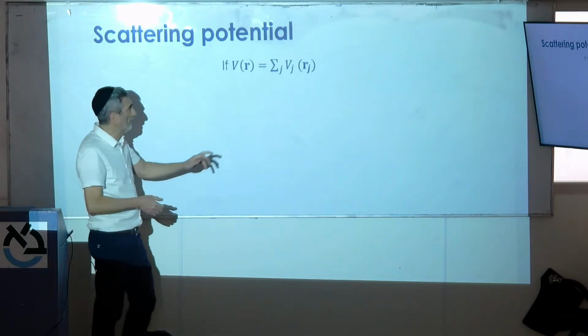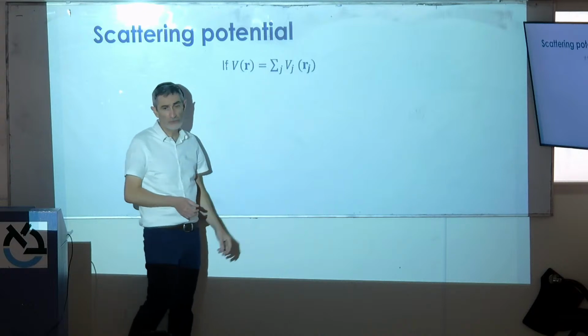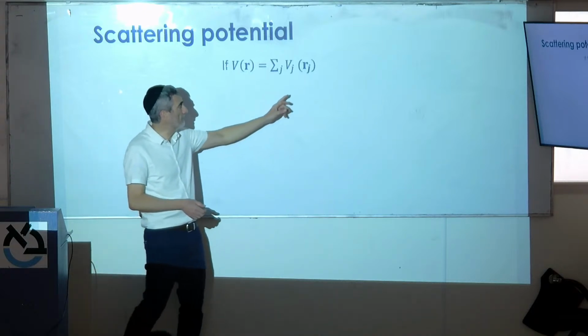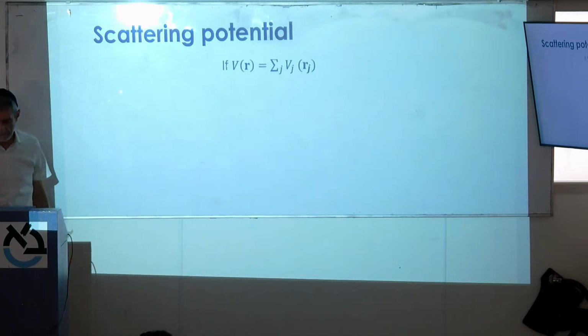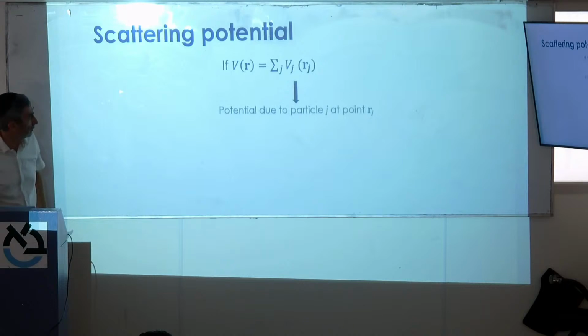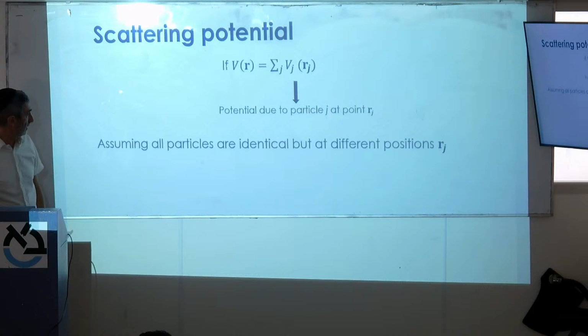Each particle has its own potential, and it sits at position Rj. So this is the potential due to a particle j at position Rj.